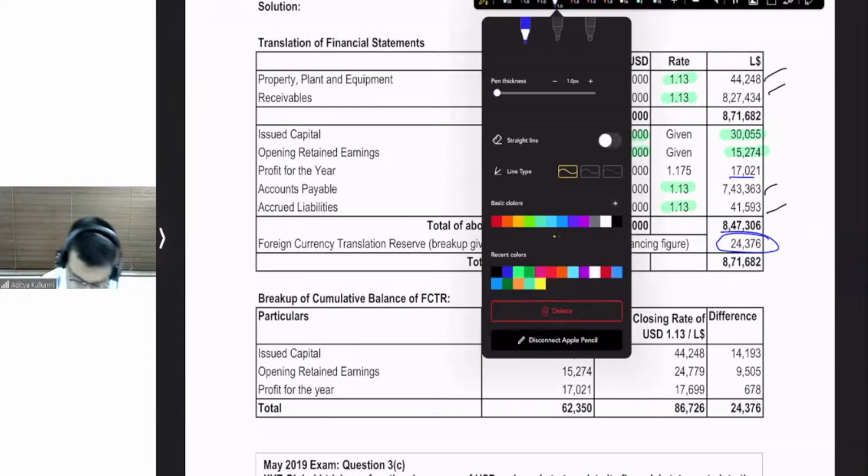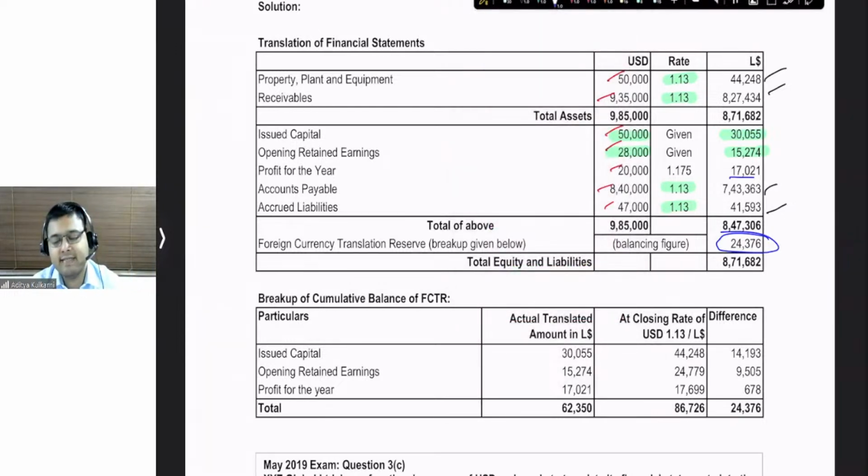Because the remaining external assets and liabilities are all converted using closing rates, FCTR obviously will not arise on those items. FCTR arises only on equity items. So therefore, this 50, 28 and 20, if I convert using the closing rate, I will be getting these balances 44,248, 24,779 and 17,699.